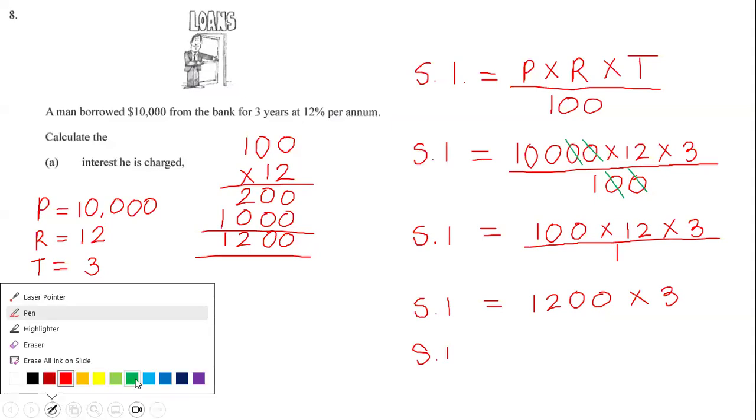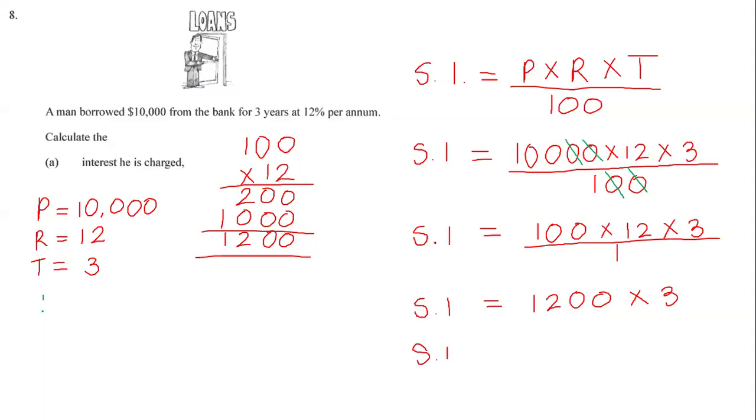Next, we have 1,200 times 3. What is 1,200 times 3? 3 times 0 is 0, 3 times 0 is 0, 3 times 2 is 6, and 3 times 1 is 3.